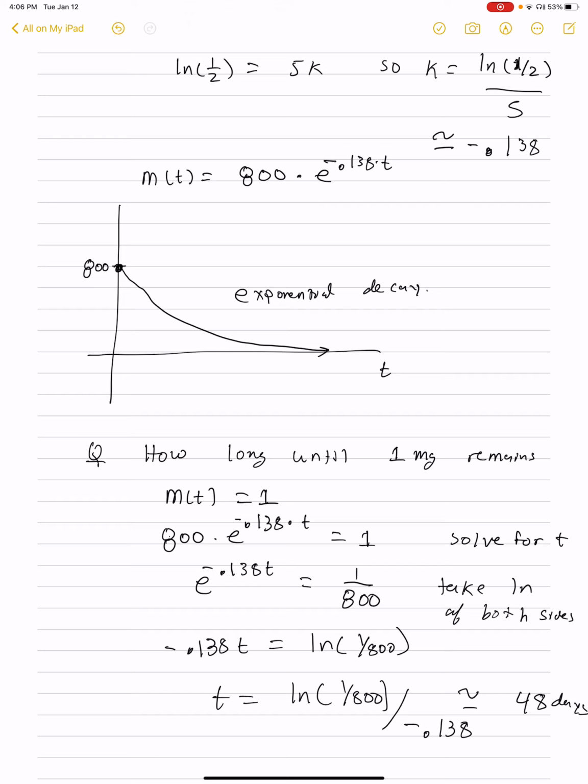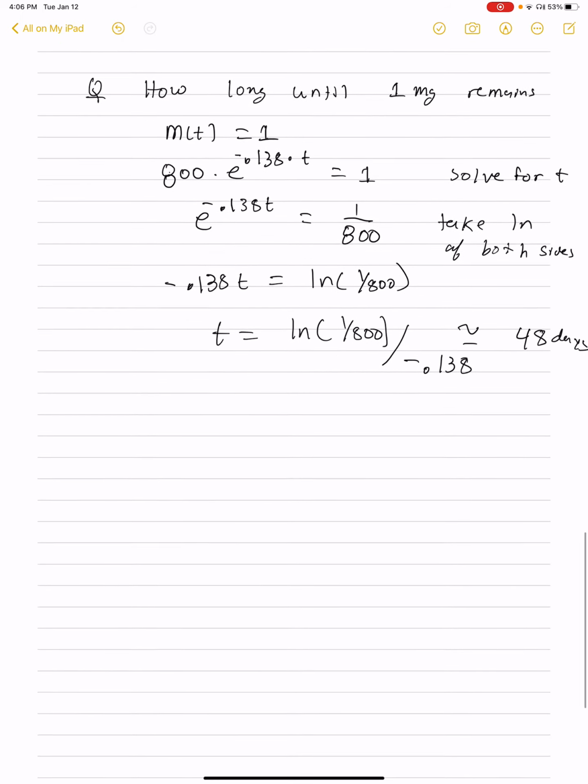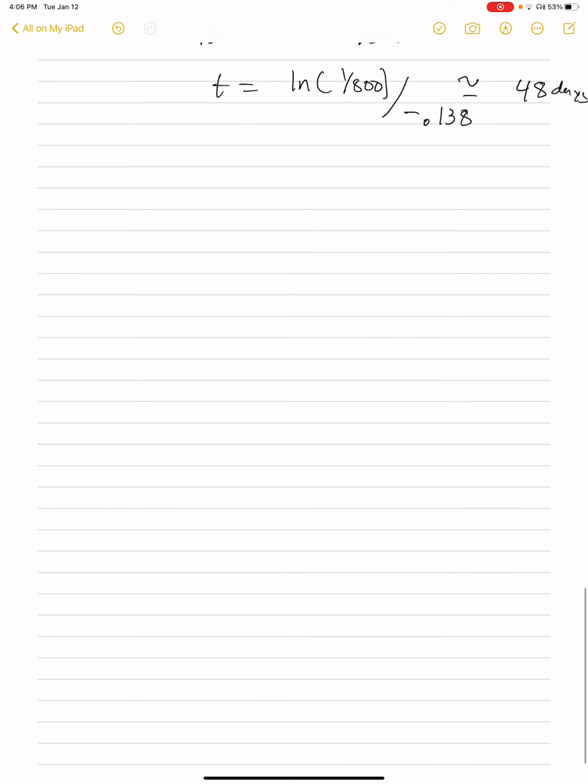Now I'm going to go over an example of compound interest next. And here's your example from continuously compounding interest. Okay.